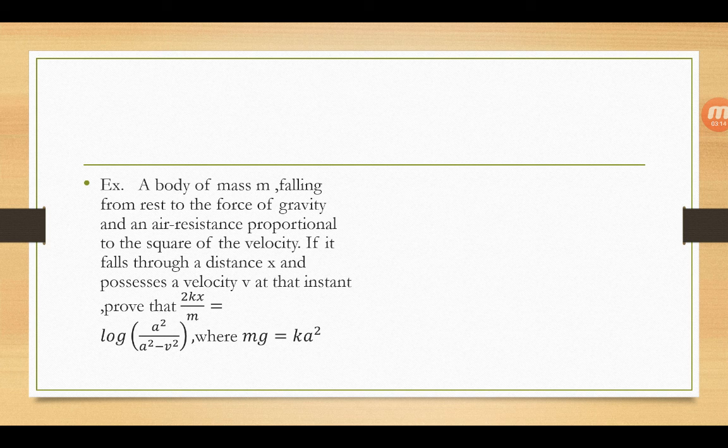First of all, we'll form the differential equation. We'll convert this given situation into a differential equation. Then we'll solve that differential equation by using a suitable method, and then we'll prove the required result.